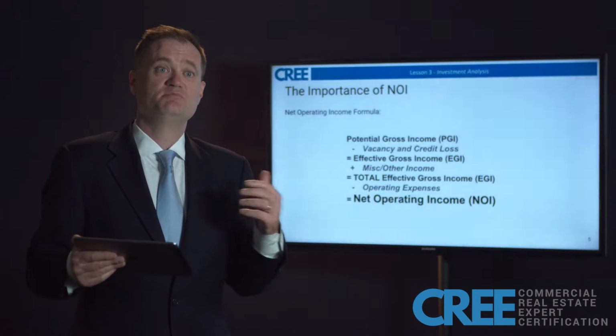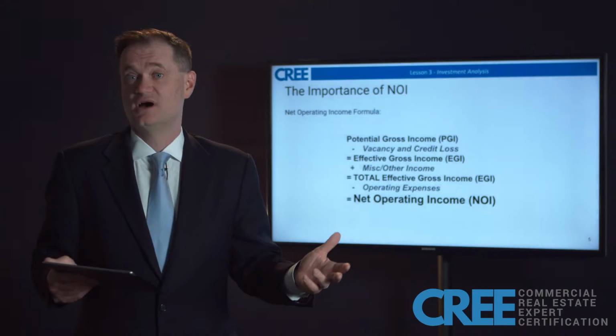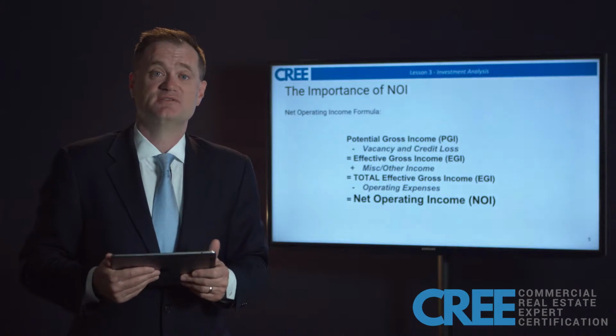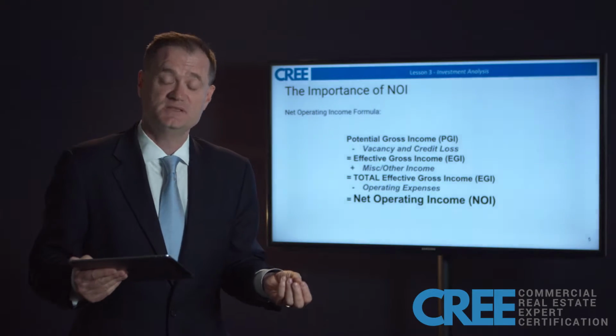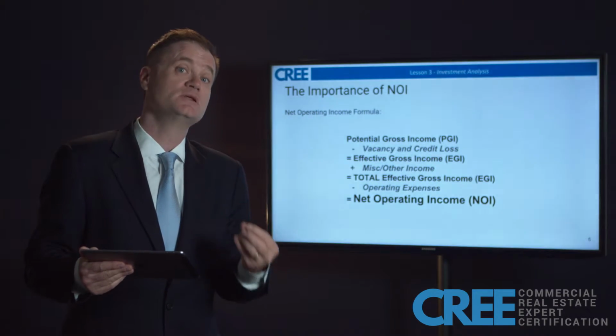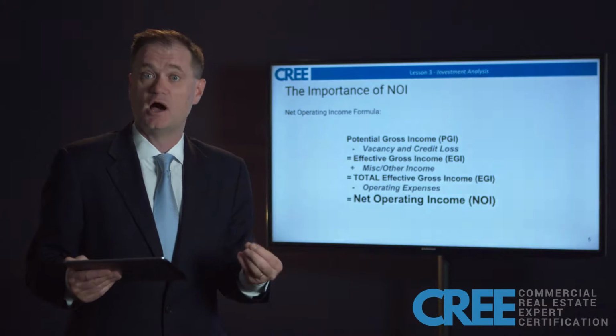Then we're going to take off those expenses. Depending on the lease structure, which we've talked about in a previous lesson, if the leases are triple net, then the tenants are paying for most of those expenses, so the expenses are going to be pretty low or very nominal.